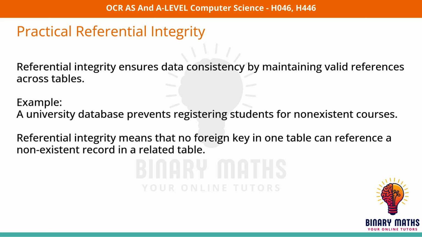For example, with a university database with tables for students and courses, you can't enroll a student in a course that doesn't exist, and the database will throw an error. This is a repetition of what I mentioned in the previous slide, but it is an extremely important concept that we should try to understand and remember.